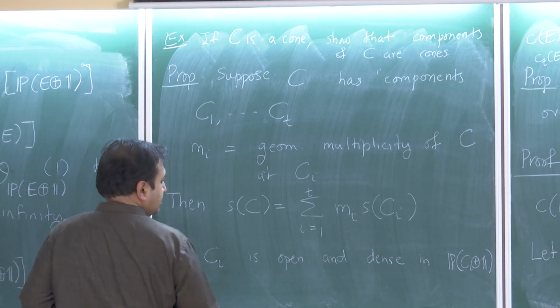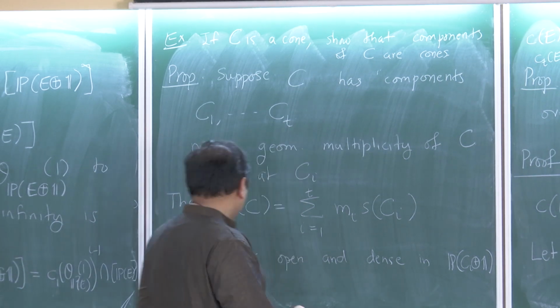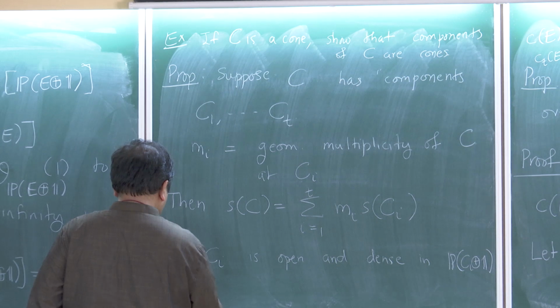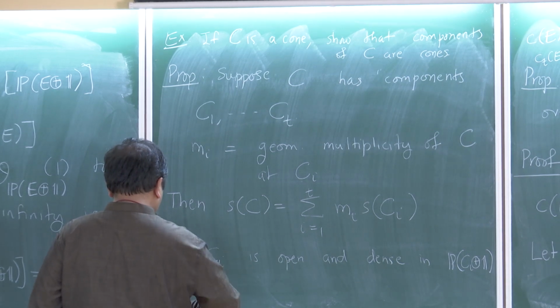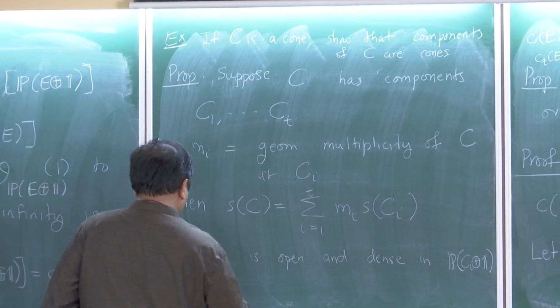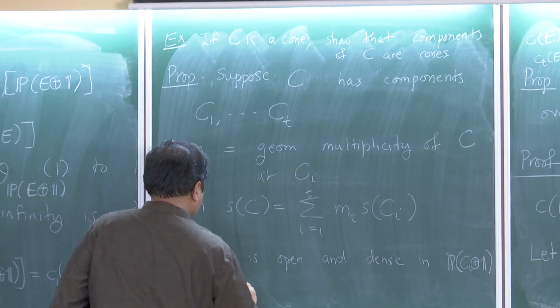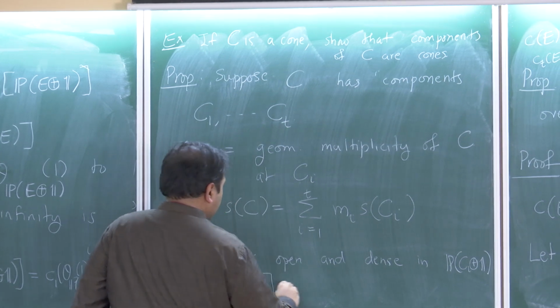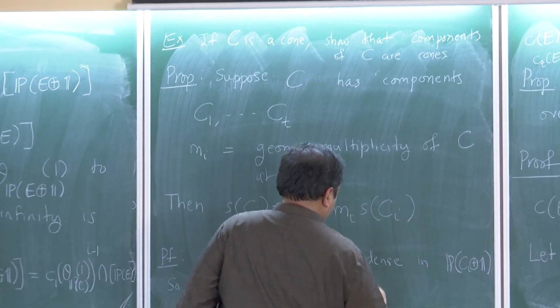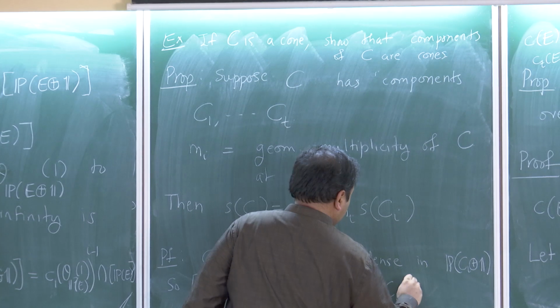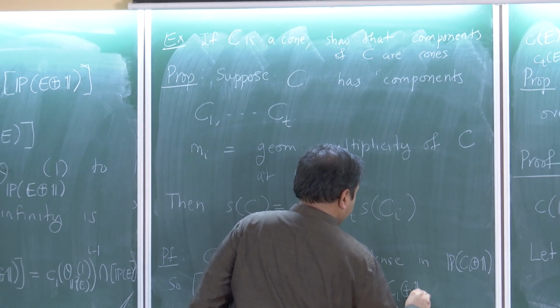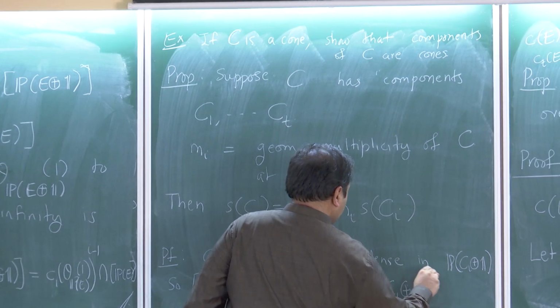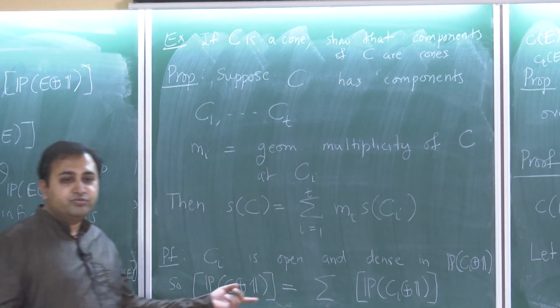If I want to see the multiplicity of P(C+1), this is going to be a sum of P(Ci+1) with some coefficients, and what are the coefficients going to be?